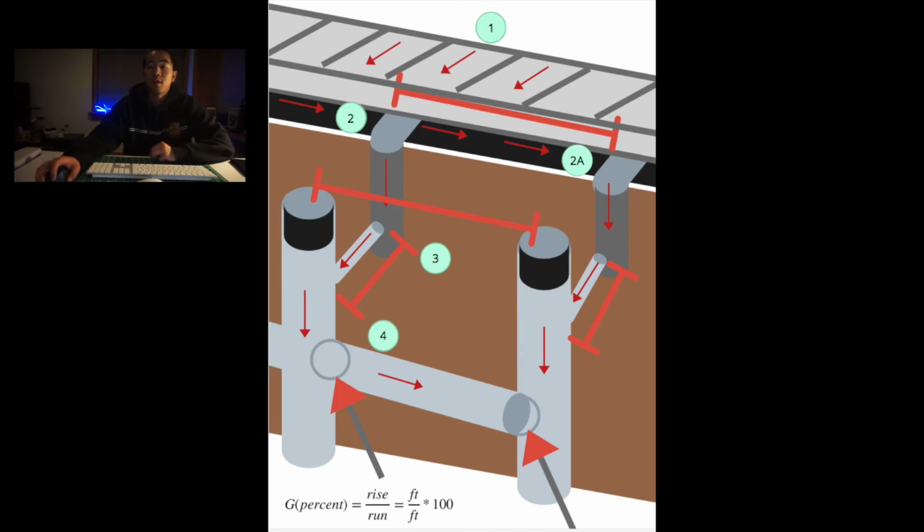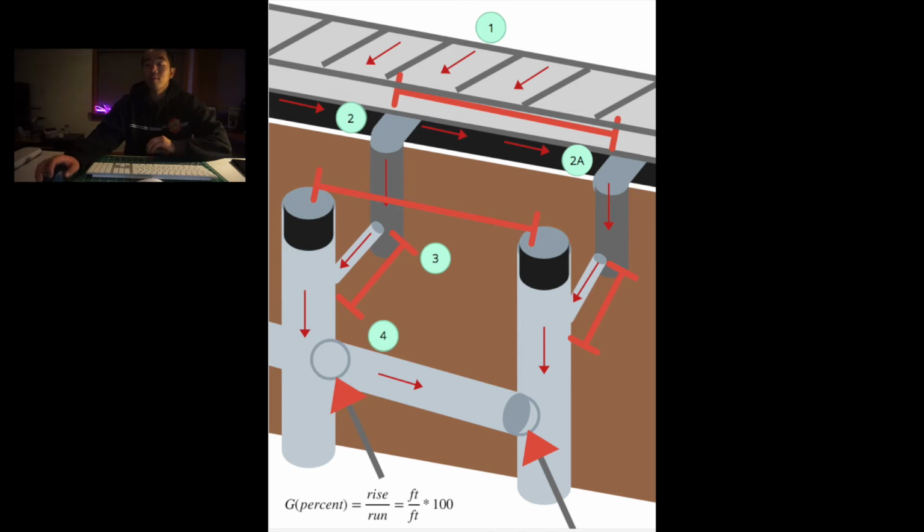So number one is showing the sidewalk, and number two is showing the catch basin. And as you can see, that red arrow there is the cross slope, and typically designers design this to be a minimum of 2%, and so the water just starts from 1 and ends up at 2.